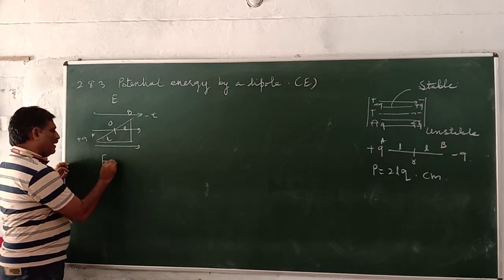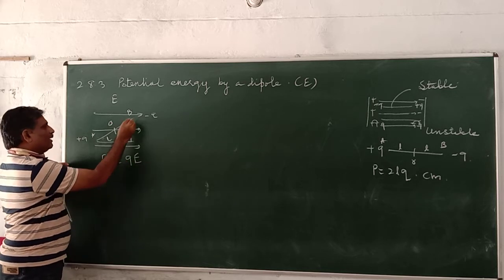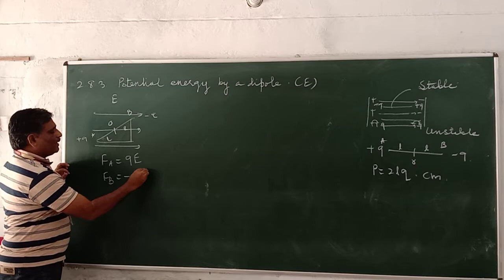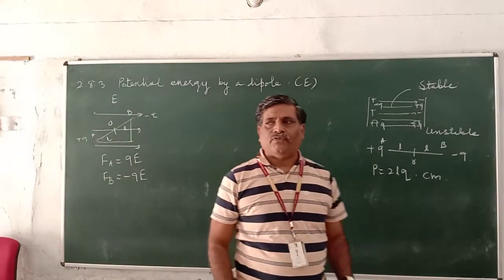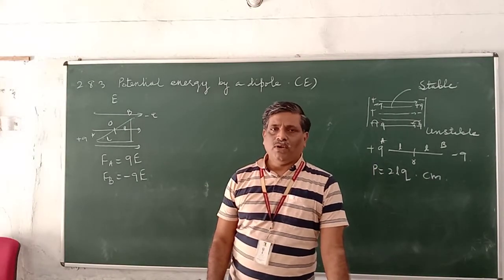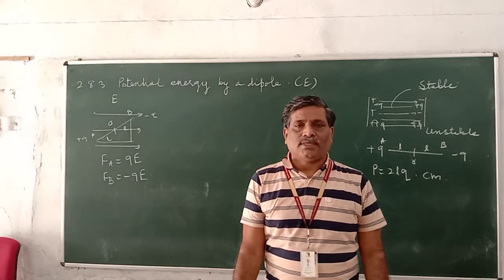Therefore, force at A is equal to QE. Similarly, at point B, force is equal to minus QE. There are two equal and opposite forces acting on this one. It will not produce any net force, but it will produce torque.